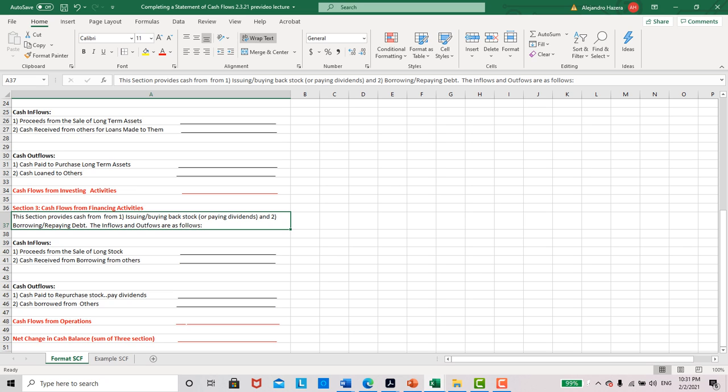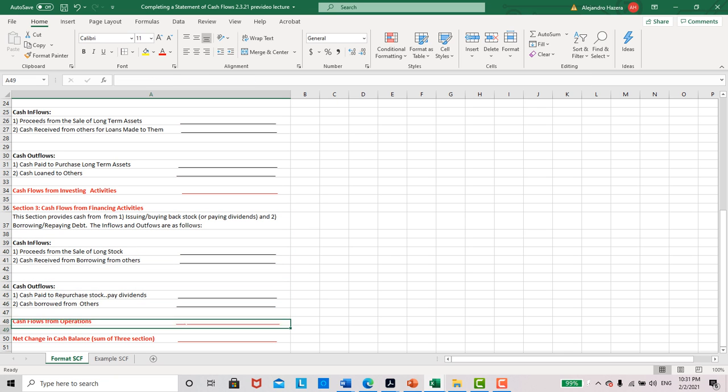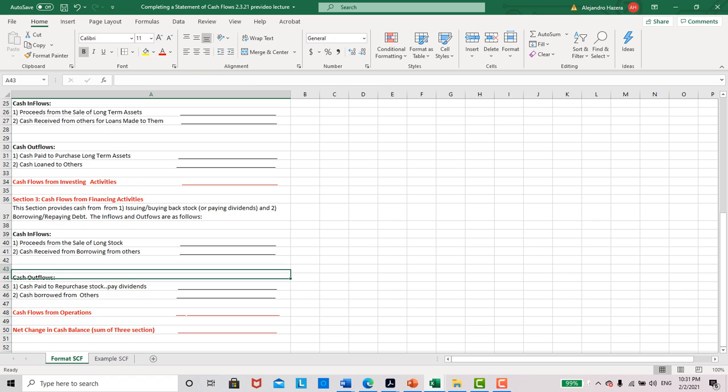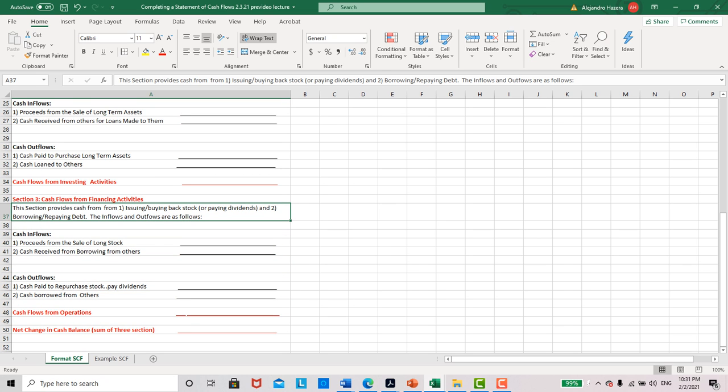That's where people get lost, because they always get lost between a loan made to others and money you borrow from others. Loans go into investing, borrowing comes here. Each one of these two activities has an equal and opposite inflow and outflow.